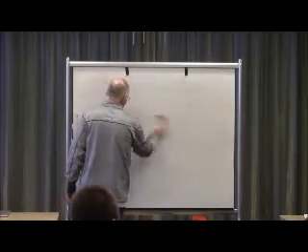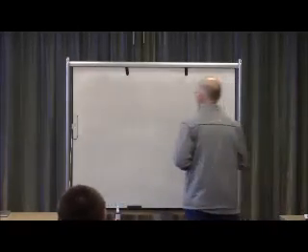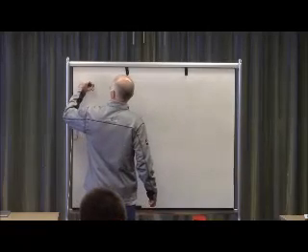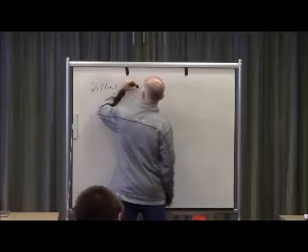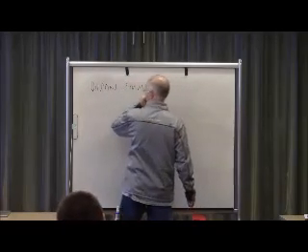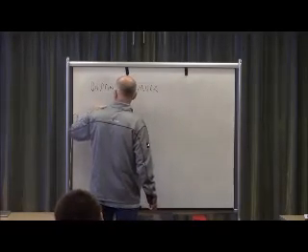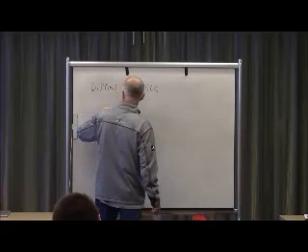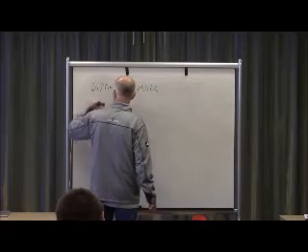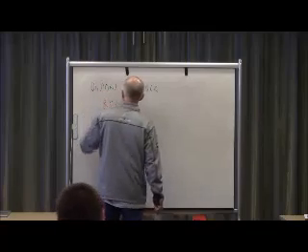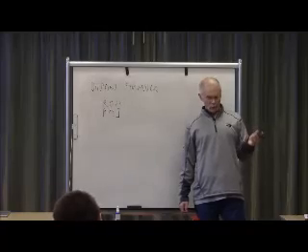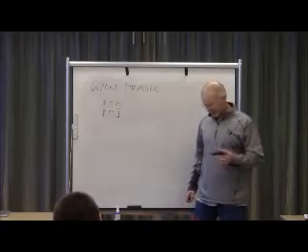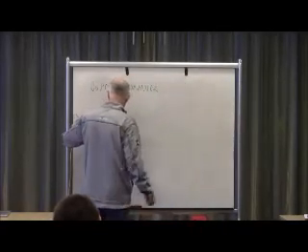So the first ratio we want to look at is something called the DuPont formula. Some people like to call it return on assets. Some people like to call it return on investment. It's the same idea, whichever name you give it.